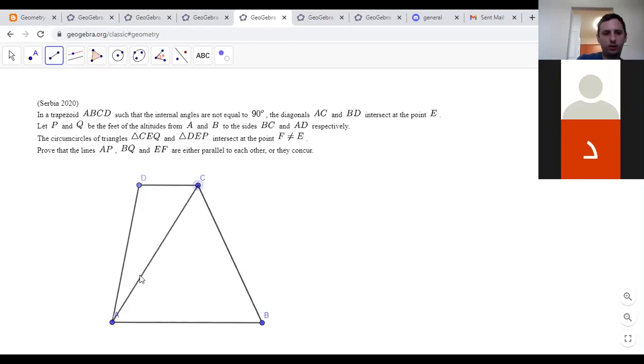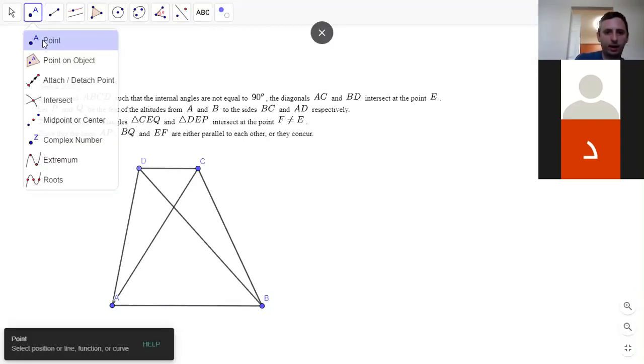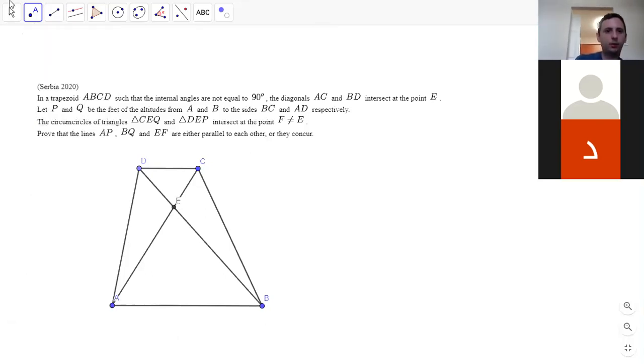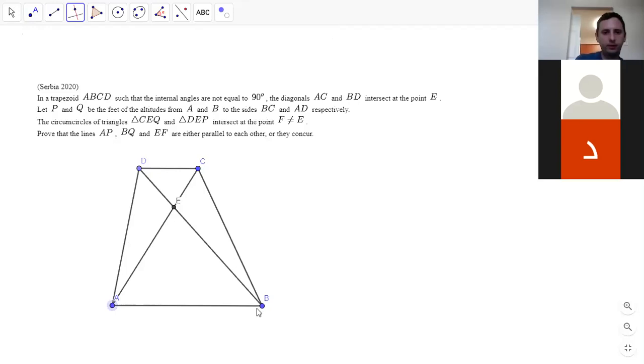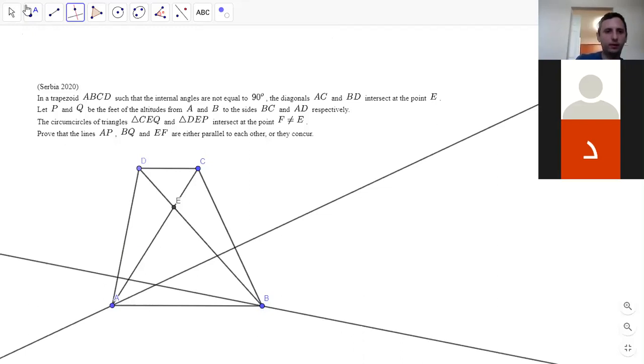There's AC, and here's BD. And they intersect at E. And P and Q are the feet of the perpendiculars from A and B to the opposite sides. Okay, so ABPQ is cyclic.